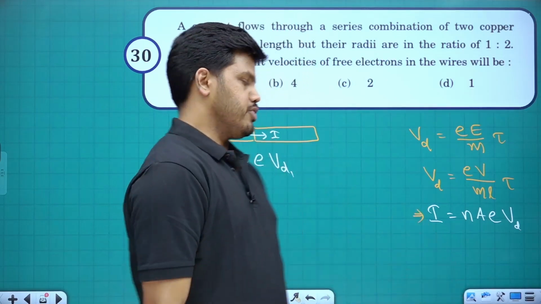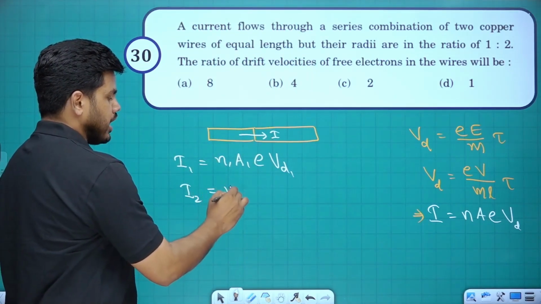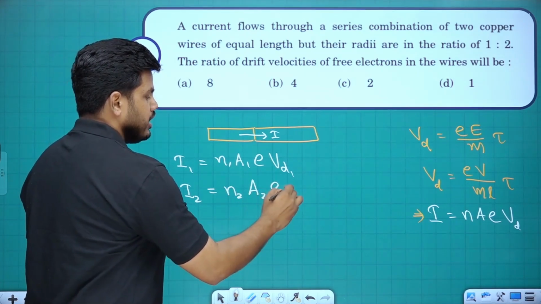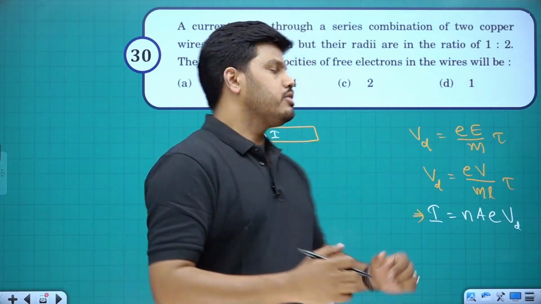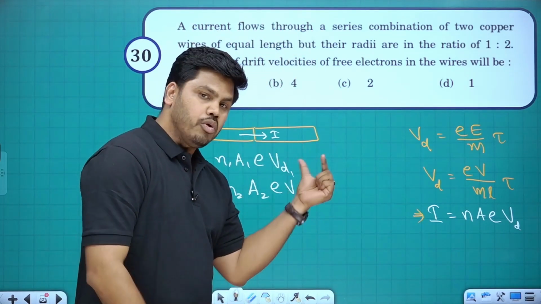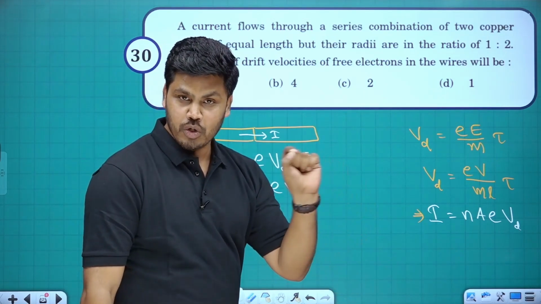So what will be the current in the second conductor, I2? That's supposed to be N2 A2 e into Vd2. See, I wrote I1 and I2 to represent current in 1 and 2. But I told you, since it is a series combination, both of them will have the same current. I1 is equal to I2.